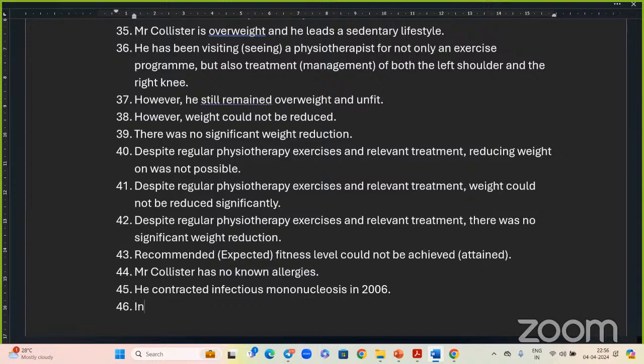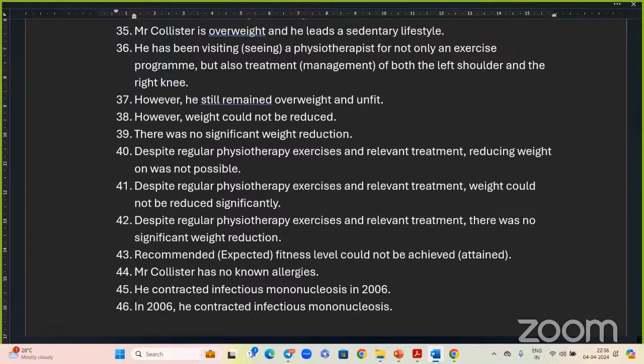You can write like this also: in 2006, he contracted infectious mononucleosis. So anyway, you can write.